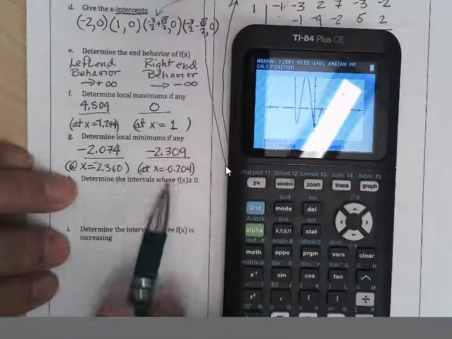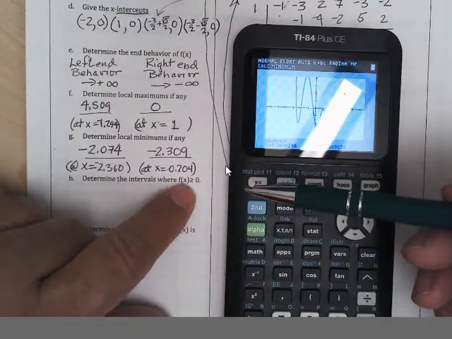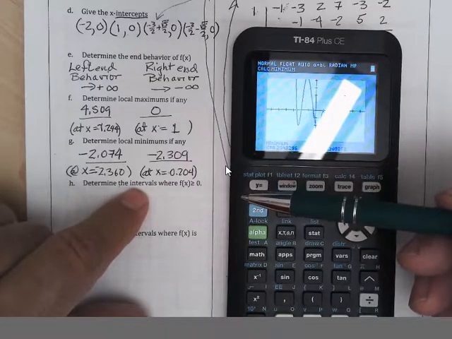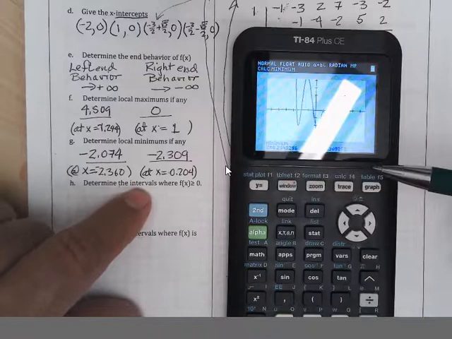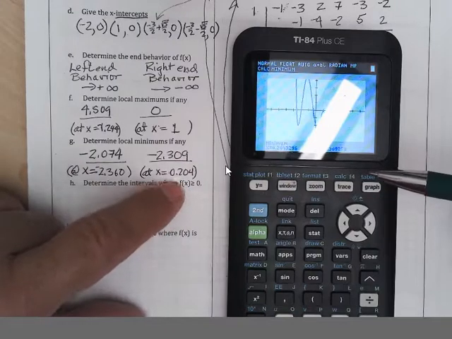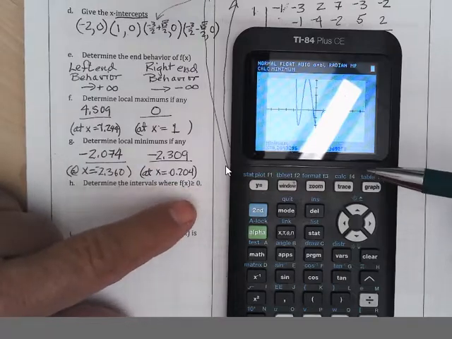Interval where the height, f, remember, is the height. So intervals we talk about for what x's. When a mathematician asks for intervals, we want to know for what x's is the y, the f, above 0 or equal to 0.